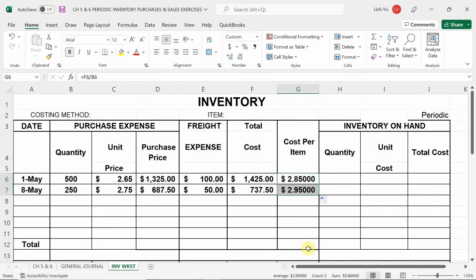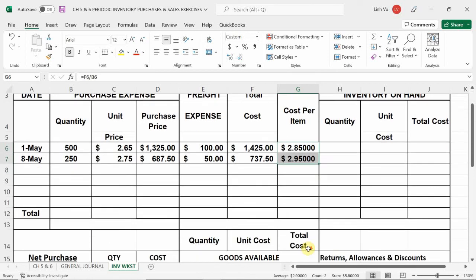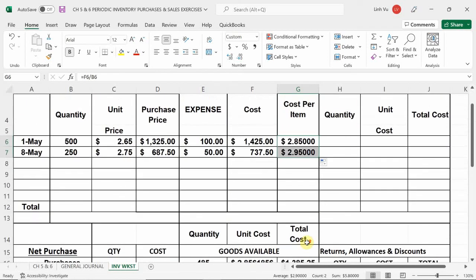It should be roughly about $2.95 each. Yes, $2.95. All right, so there you go.